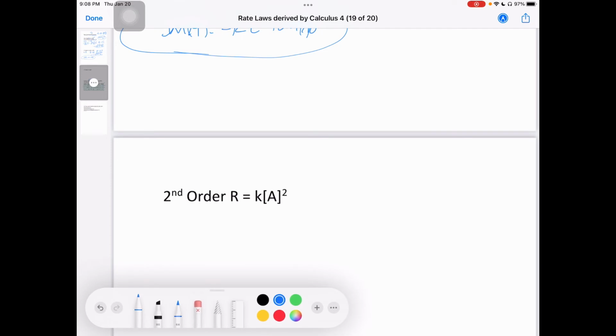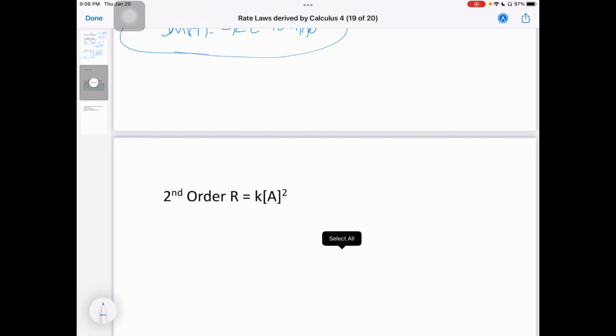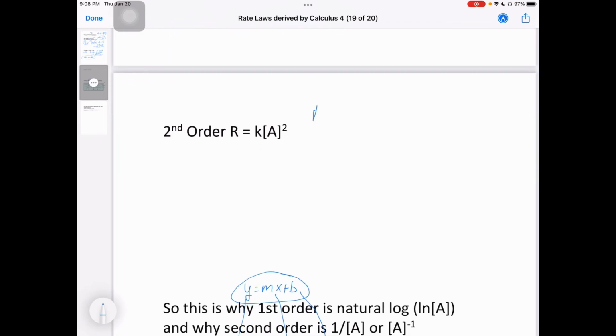Okay, now I'm going to do it for the second order. Let's go to the second order rate law. And here we go. So R equals dA dt. R equals the change in concentration over time, and that equals negative k A squared. So now I can take the integral of a polynomial if it's not -1.